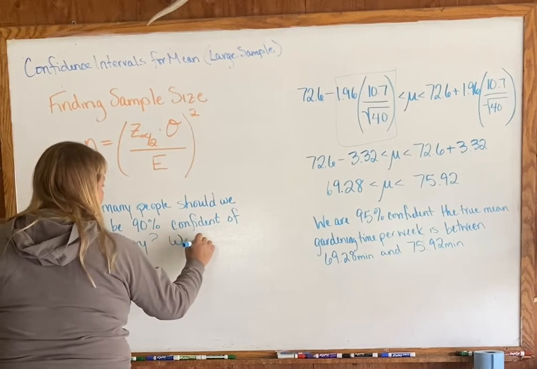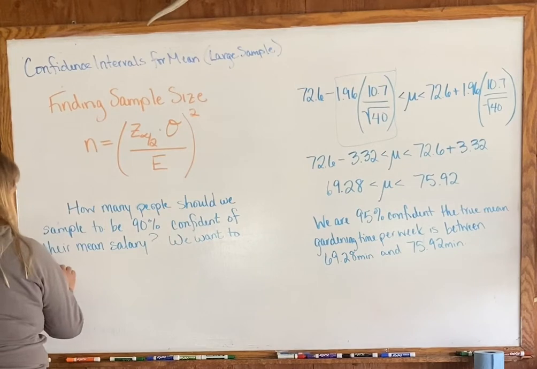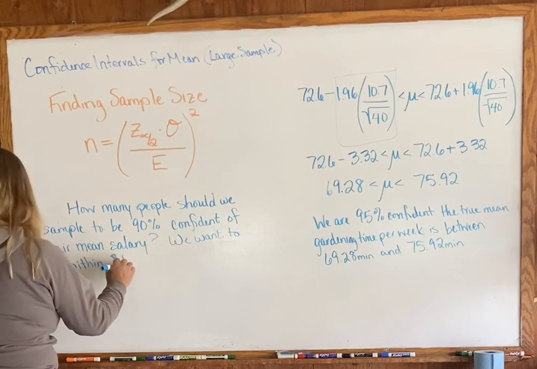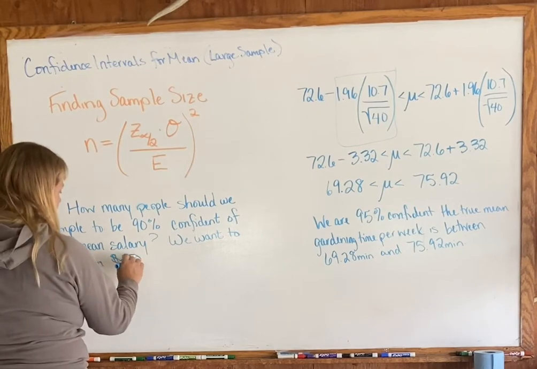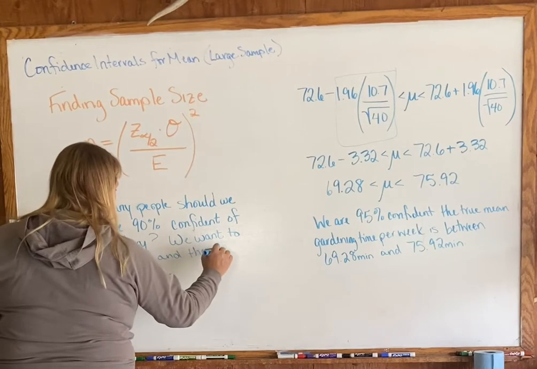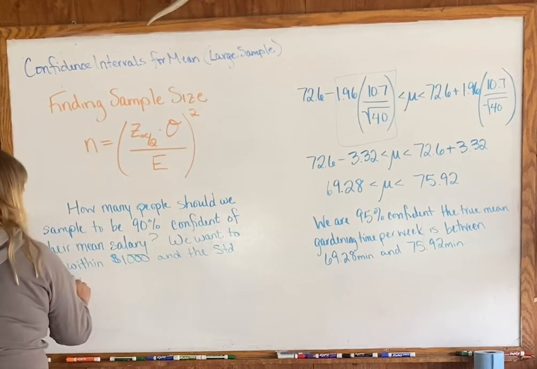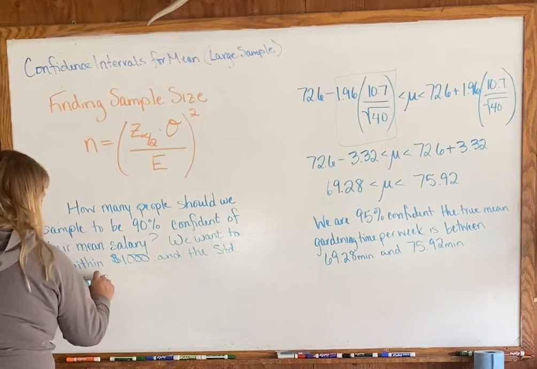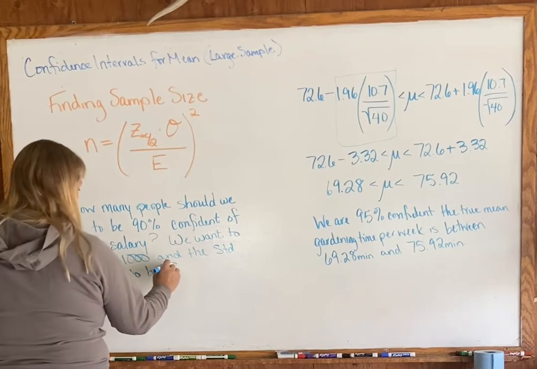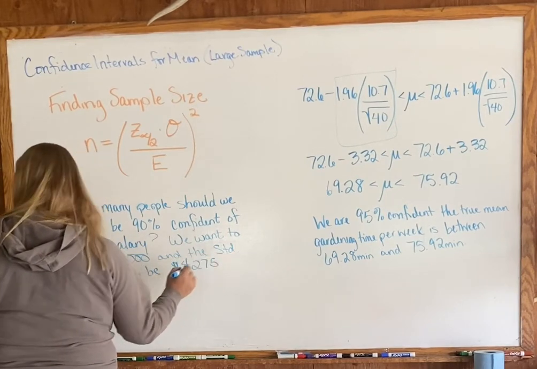We want to be within $1,000, and the standard deviation is known to be 4,275.